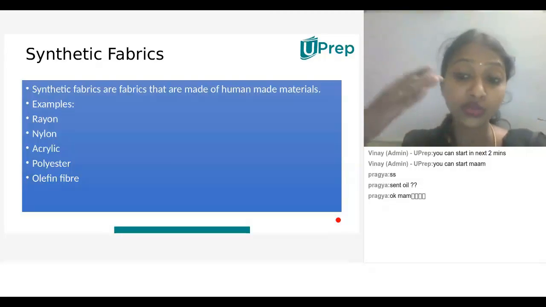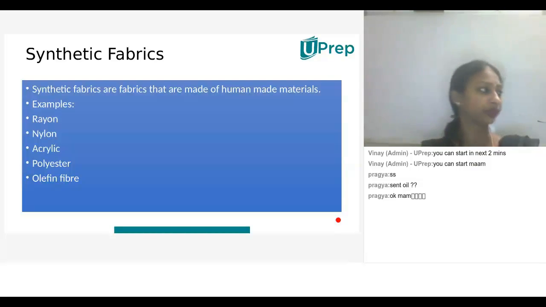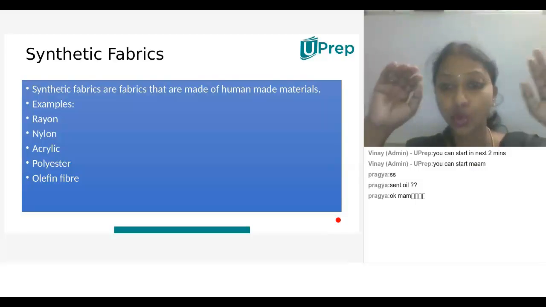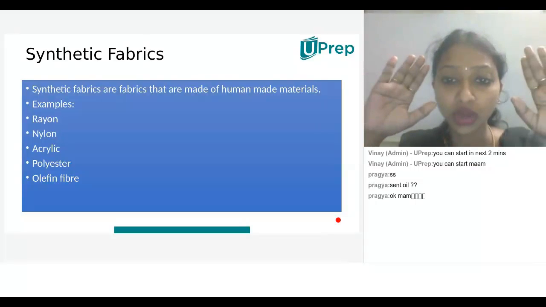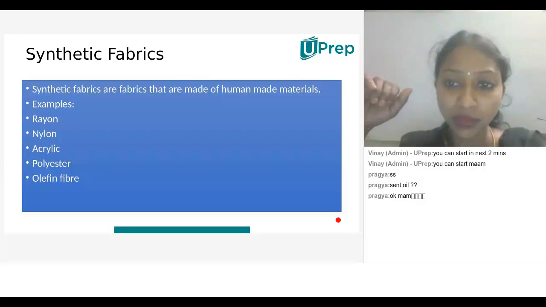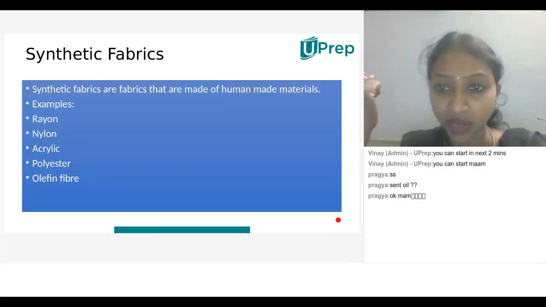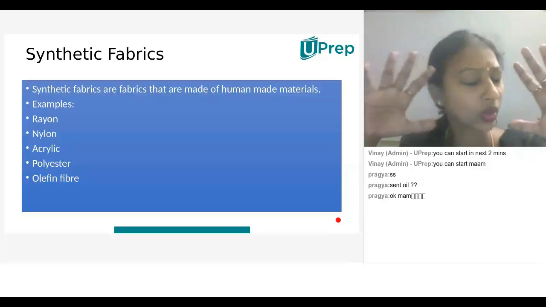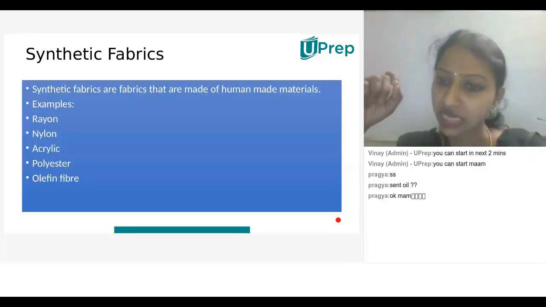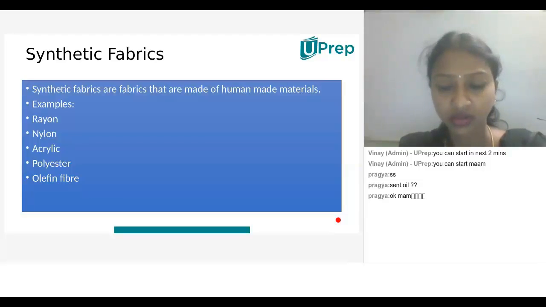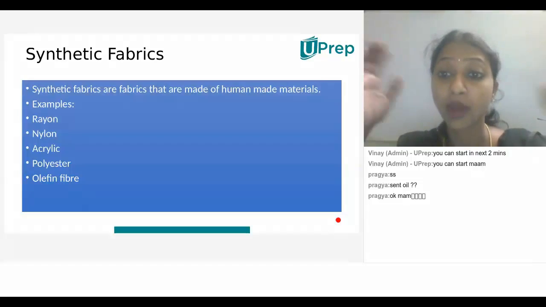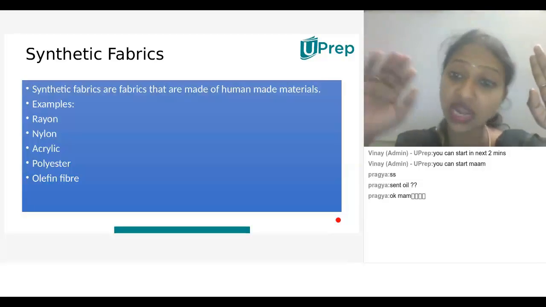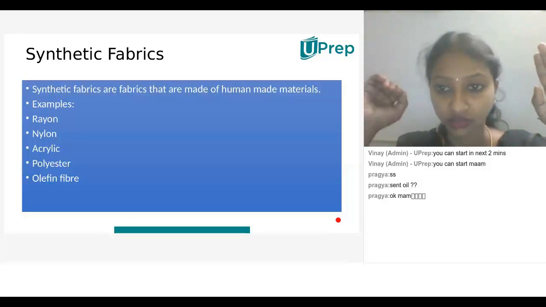So which one are you going to opt for? Did you all understand what I mean? No, ma'am, I didn't understand. If two fabrics are there, one completely made up of natural fiber and the other completely made up of synthetic fiber, both looking exactly the same, with the same color and texture. But this one is 6,000 and this one is 2,000.